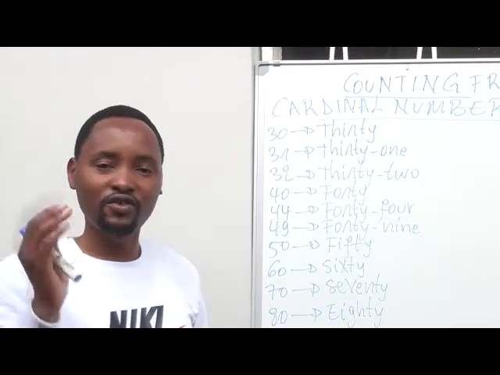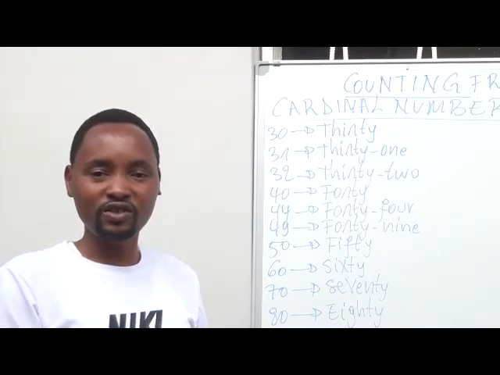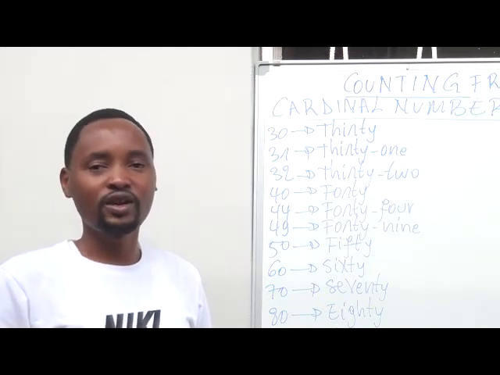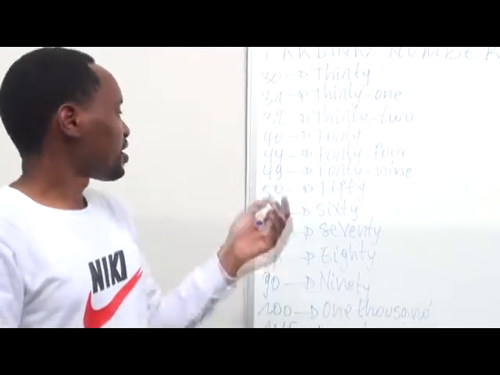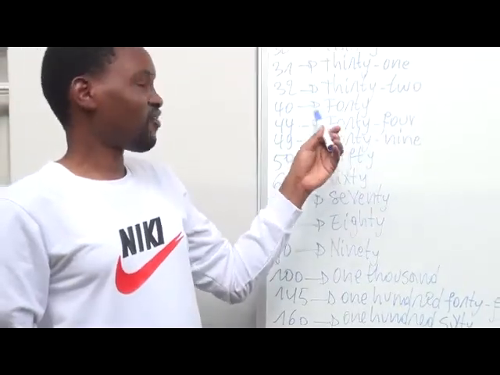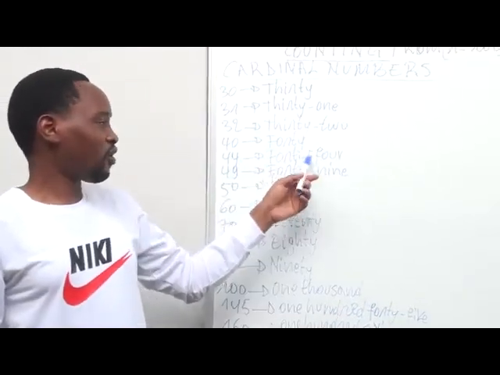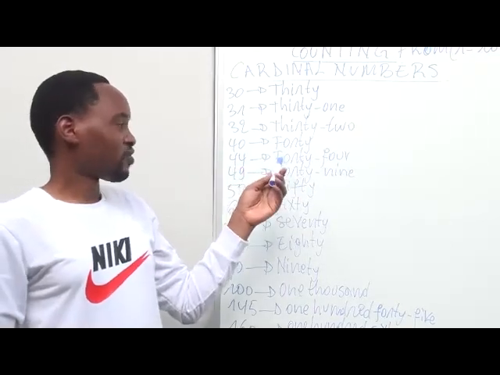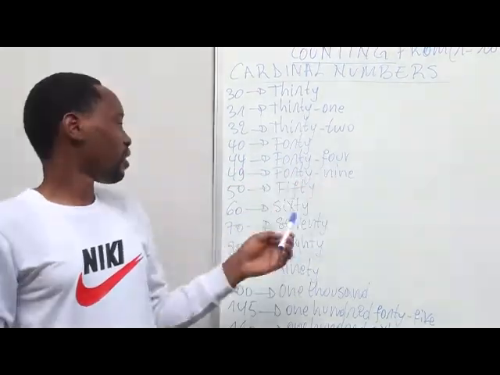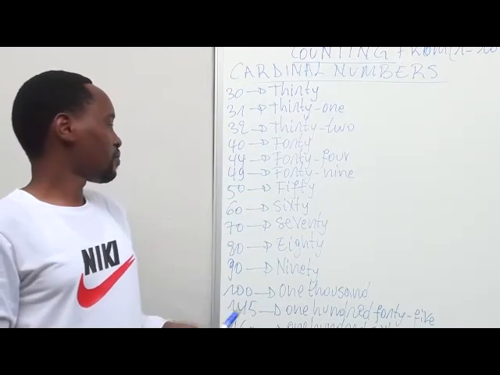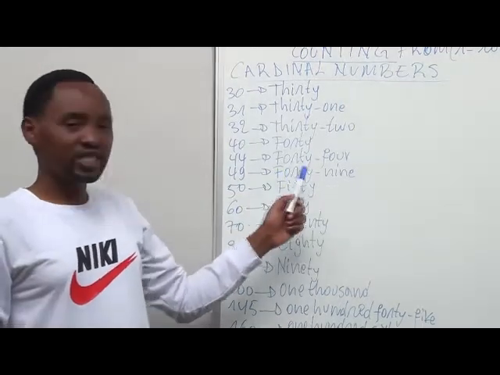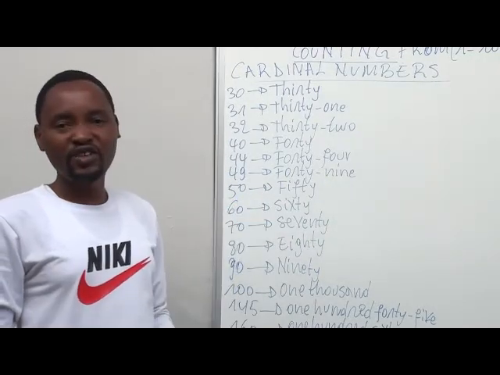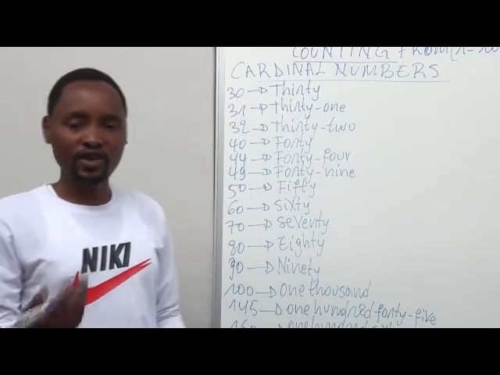If we have 40 and 3, it will be 43. 40 and 5, it will be 45. 40 and 4 will be 44. Here we have 49. Here we have 50.